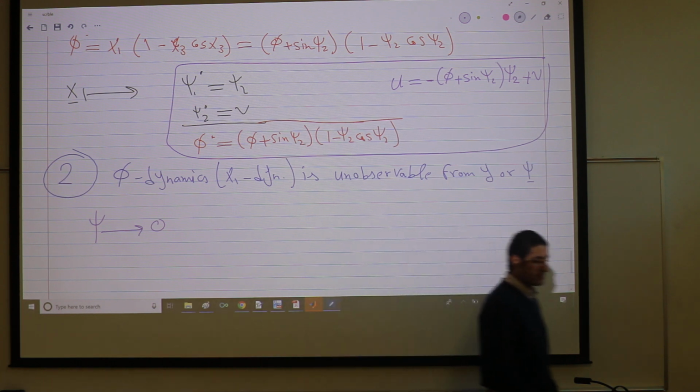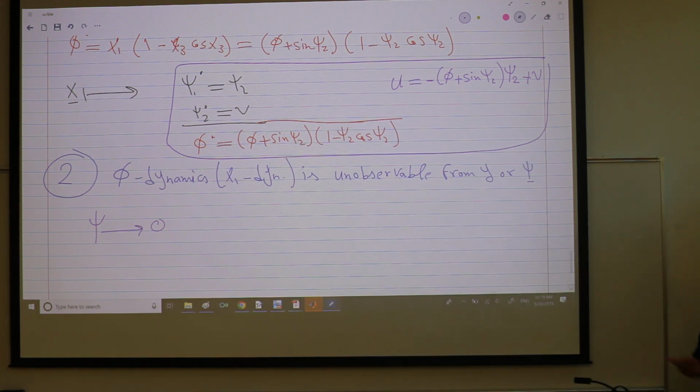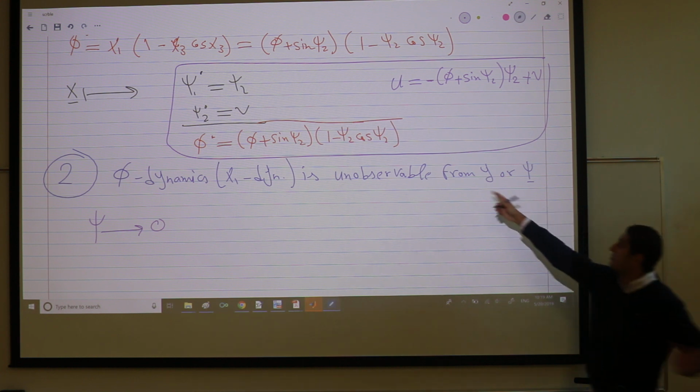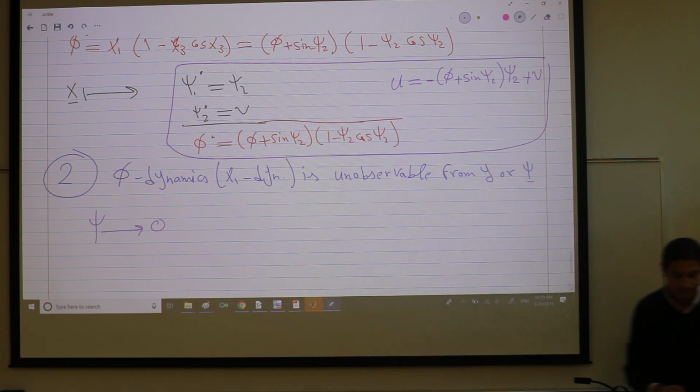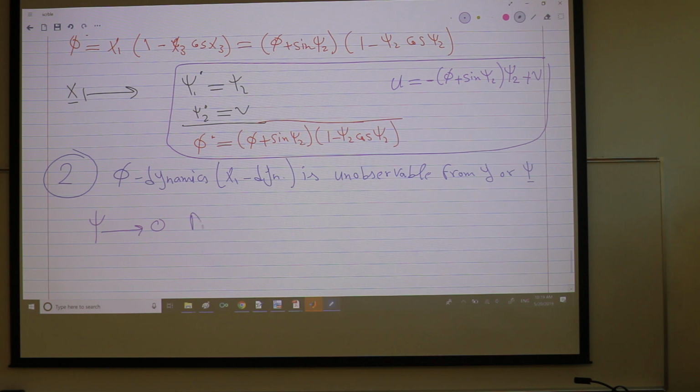Okay. I want to drive psi to 0. What happens? Are we okay if we design v that makes psi 0 with this property, with this story that we had? Are we okay?